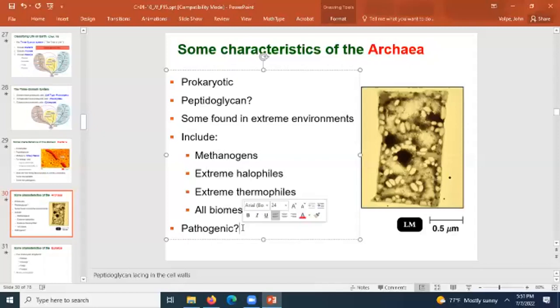And that's not that the archaea are not important. Obviously, they make up a significant percentage of the living organisms on the planet. But we're not going to talk about them because the focus of this class is the microbes that are capable of causing human disease.